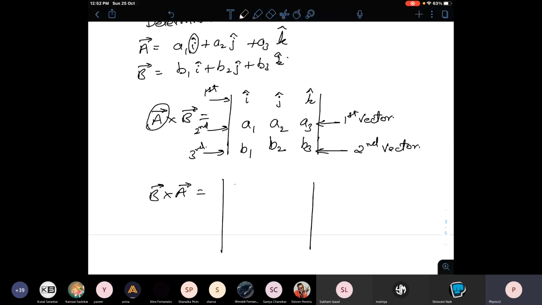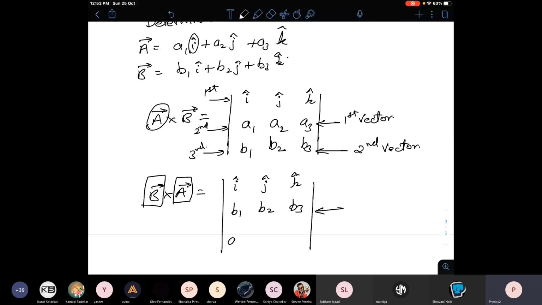Then in the second row, the first vector, in this case my first vector is B vector. If it is B vector, then the coefficients of B vector will be there in the second row. So what are those coefficients? B1, B2, and B3. And A vector is your second vector, so its coefficients will be there in the last row, the third row.